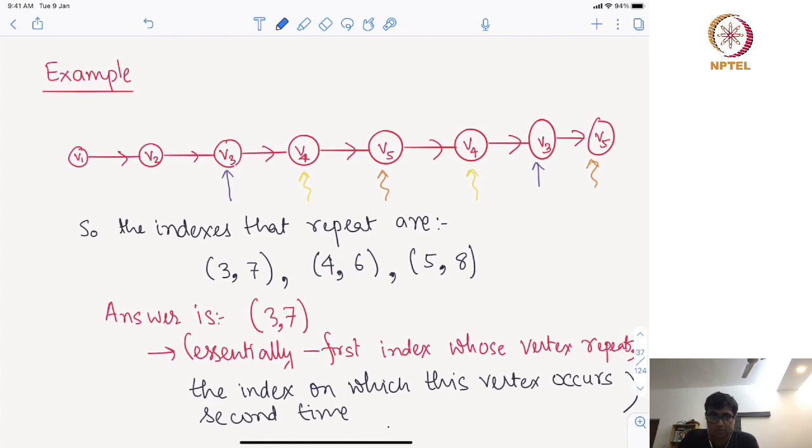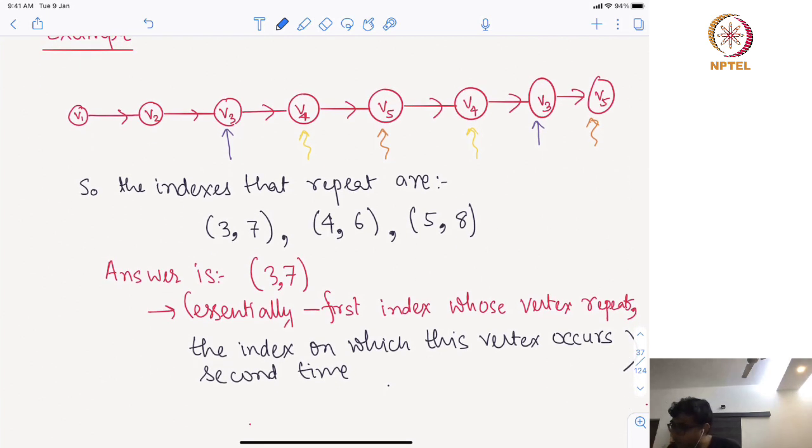Lexicographically smallest means that for the first coordinate you choose the smallest, and then you choose the smallest among the second coordinate. Essentially, the first index whose vertex repeats is the first coordinate, and the index at which this vertex occurs the second time is the second coordinate. That is what the lexicographically first pair will be.